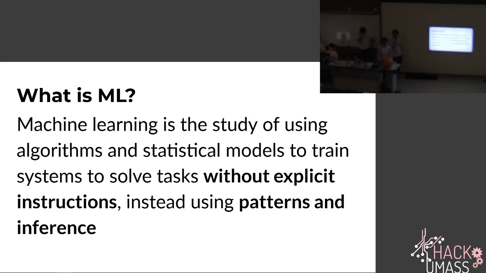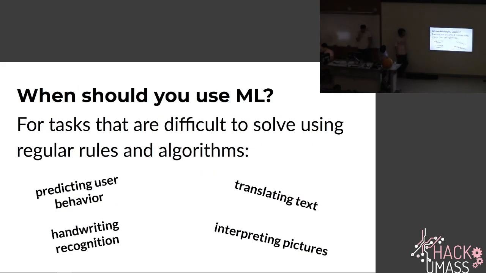A statistical model sounds like a really fancy word, and it's not actually a fancy word at all. A statistical model is literally just a function. If you know what y equals mx plus b is, that's a statistical model. And we're going to talk about it next.